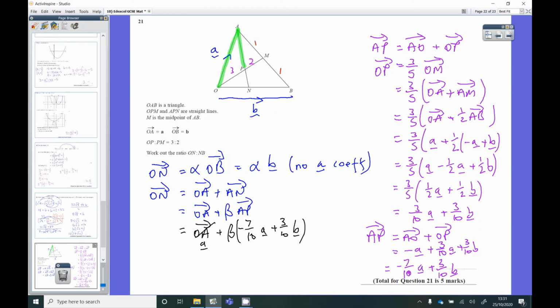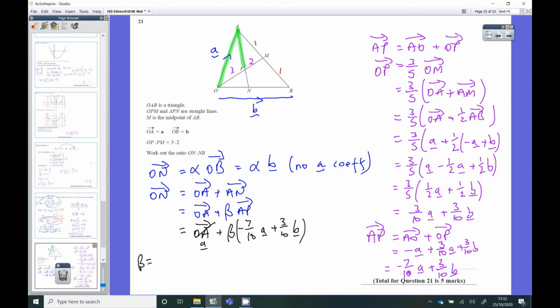Now, I need the A coefficient to be 0. We know that O to N is purely a multiple of B. There's no A in it. So this beta here must be such that all of this A cancels out. This is the key bit to the question. So beta has to be 7/10, and you'll see why in a minute.